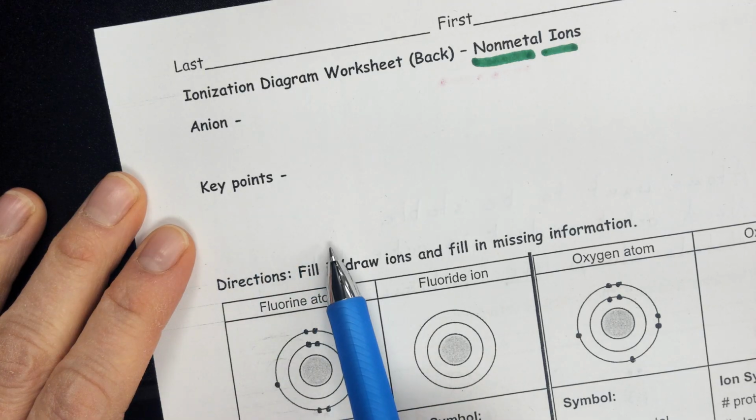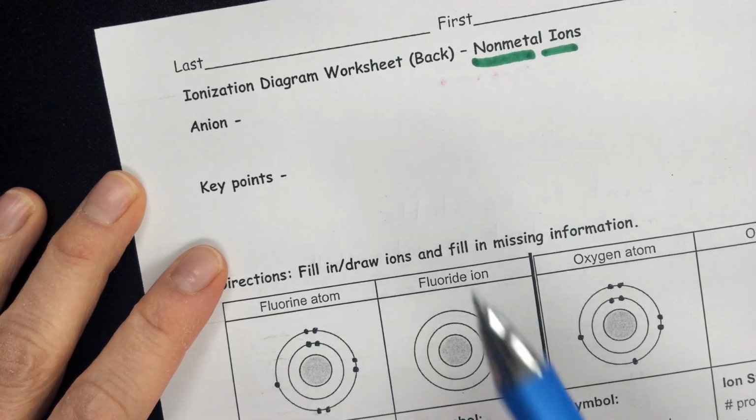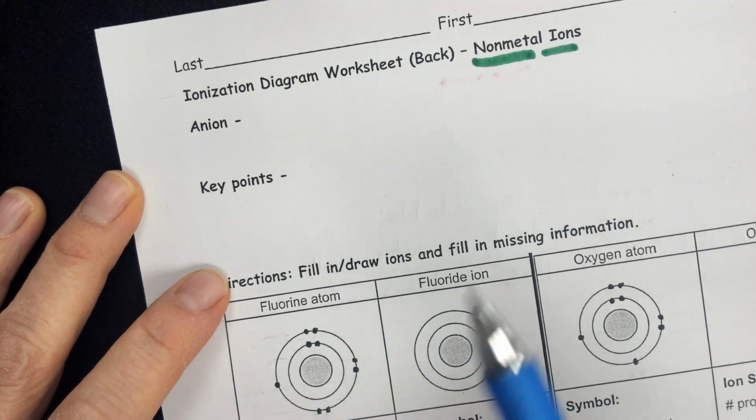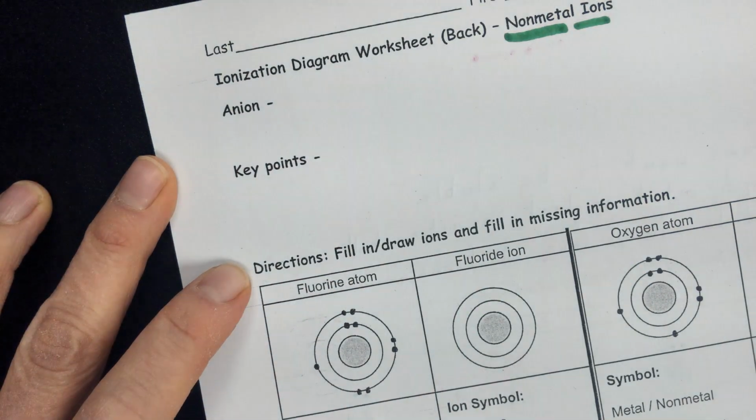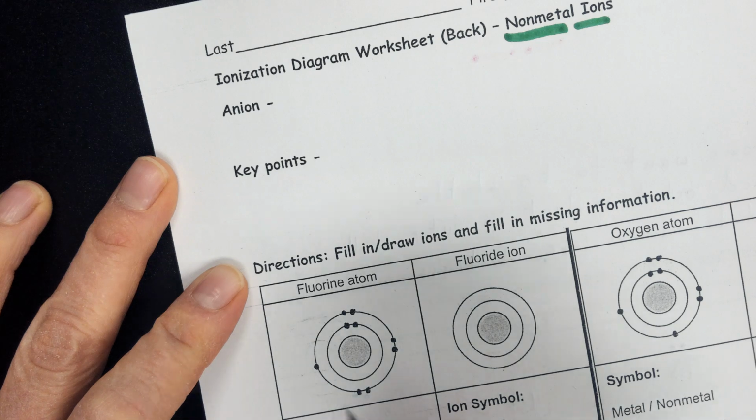We filled in key points on the other side, which are basically the same, except in this case we've got nonmetals, and nonmetals will always gain electrons to become stable.